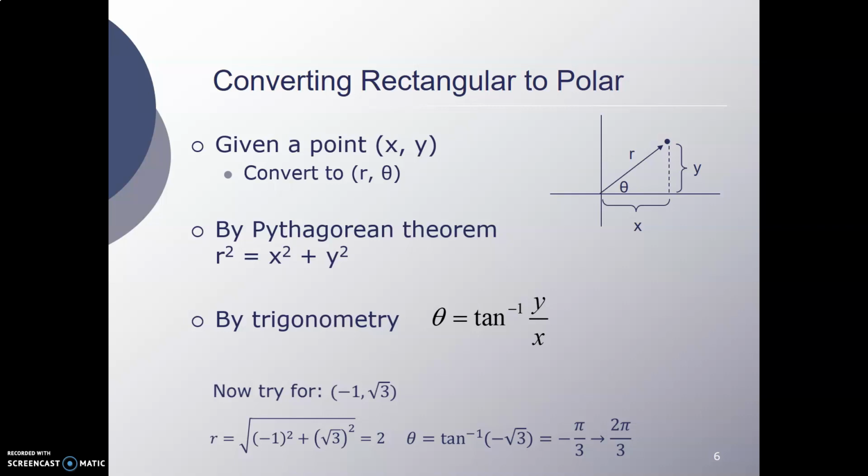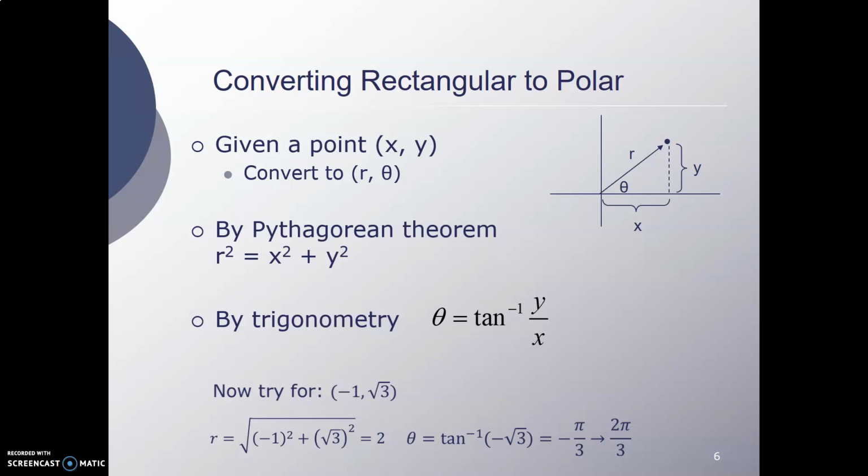And this is the one stop in polar coordinates where you want to be very careful. You always want to consider positioning. So if I'm considering negative 1 comma square root of 3, what quadrant is that located in? A negative x, a positive y. That's a quadrant 2 ordered pair.